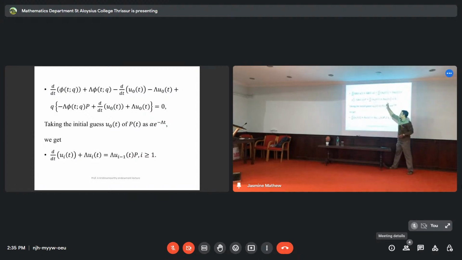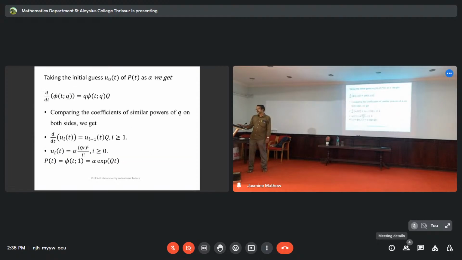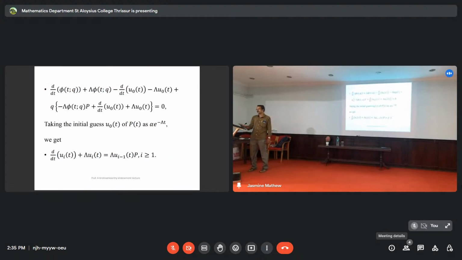So we will get a similar differential equation as in the previous case that gives rise to this system of equations. But this one was different from what we obtained earlier. Earlier it was just d by dt of u_i(t) equal to u_(i-1)(t) Q. But now it is a linear differential equation of this form.